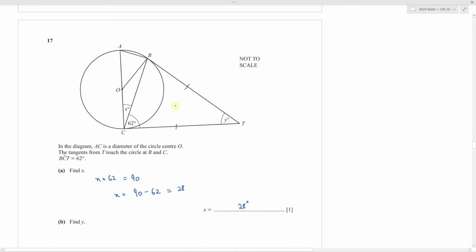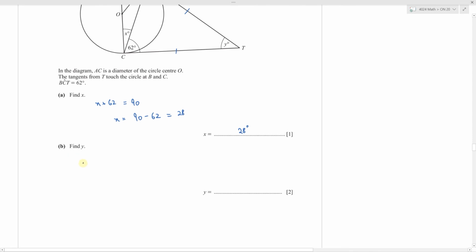So this is an isosceles triangle, which means if this angle here is 62, then this angle here is 62 degrees as well. So now we can add all three angles. y plus 62 plus 62 should give you 180. So y will be 180 minus 124, which will give you y equals 56 degrees. So y here will be 56.